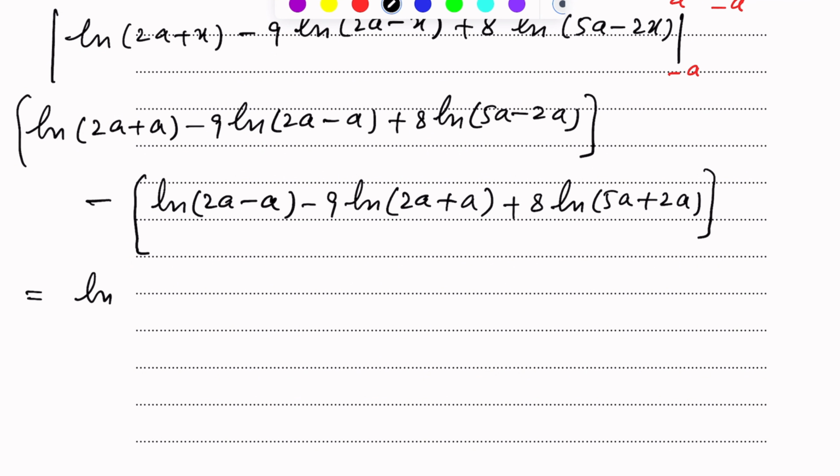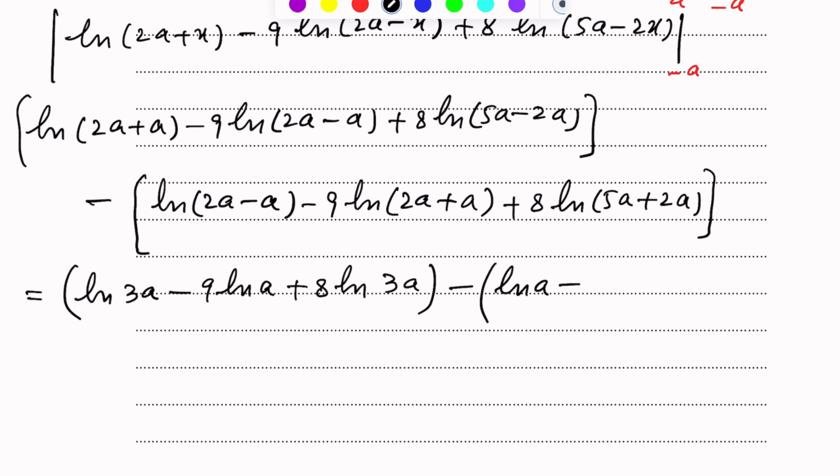We get log 3a - 9 log a + 8 log 3a - log a - 9 log 3a + 8 log 7a.